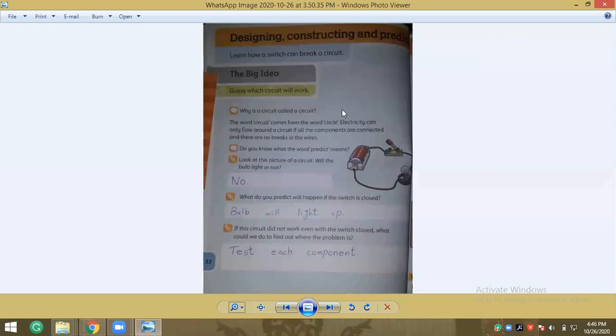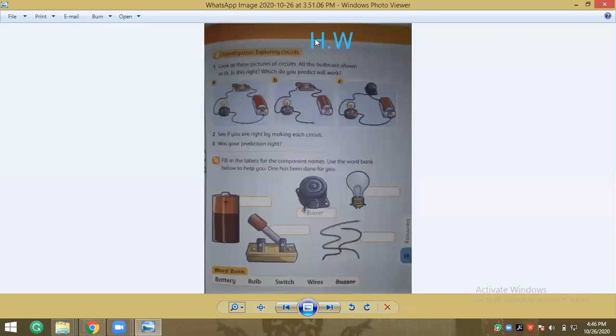Okay, boys. So next you have homework, page 33. You will make a circle around picture A, B, or C, whichever you think is working properly. Every bulb is on. You can see here light, light, light. But which one is complete?